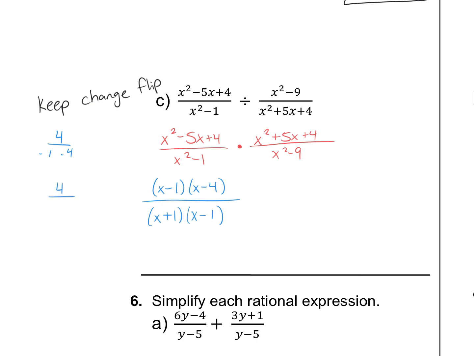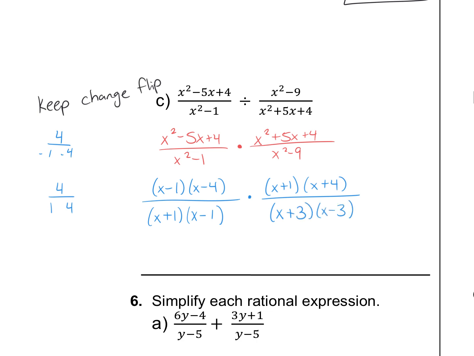Yep, which are 1 and 4. Do I need to change them? No. How do I write 1 and 4 as factors? X plus 1, x plus 4. And then that bottom one there, x squared minus 9, turns to x minus 3, x plus 3. Yep, difference of squares.